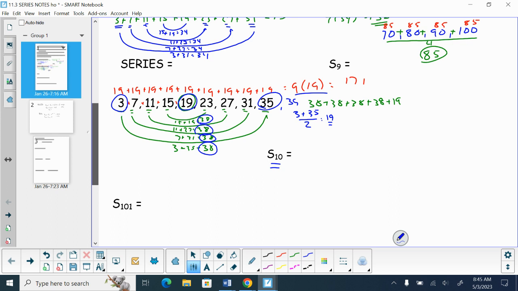I have 3 plus 39 divided by 2. That's the average of my first and last term. Then I now have a total of 10 terms, so I can multiply that by 10. So I have 42 divided by 2, 21, times 10, or 210.